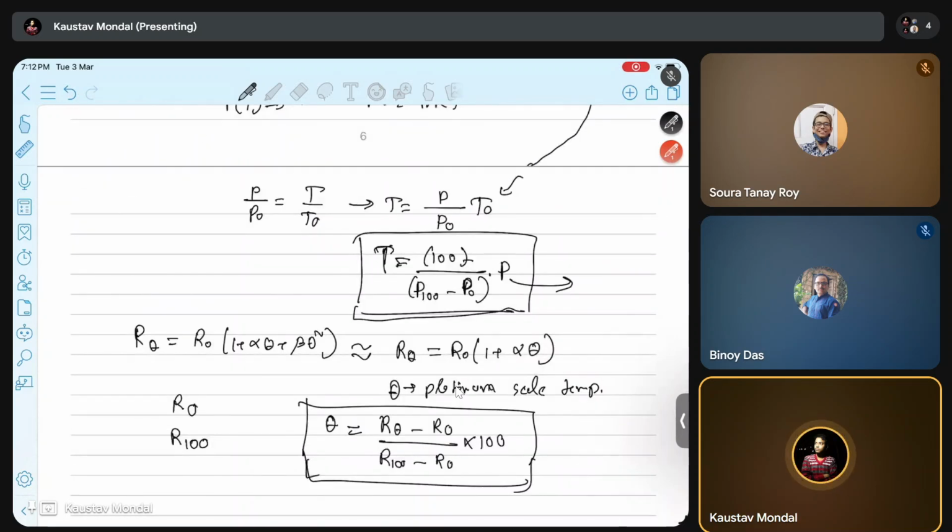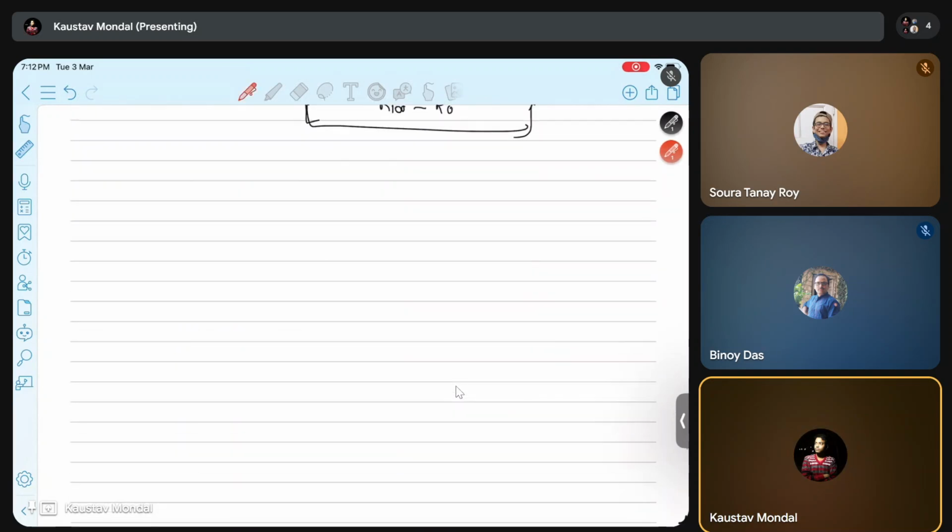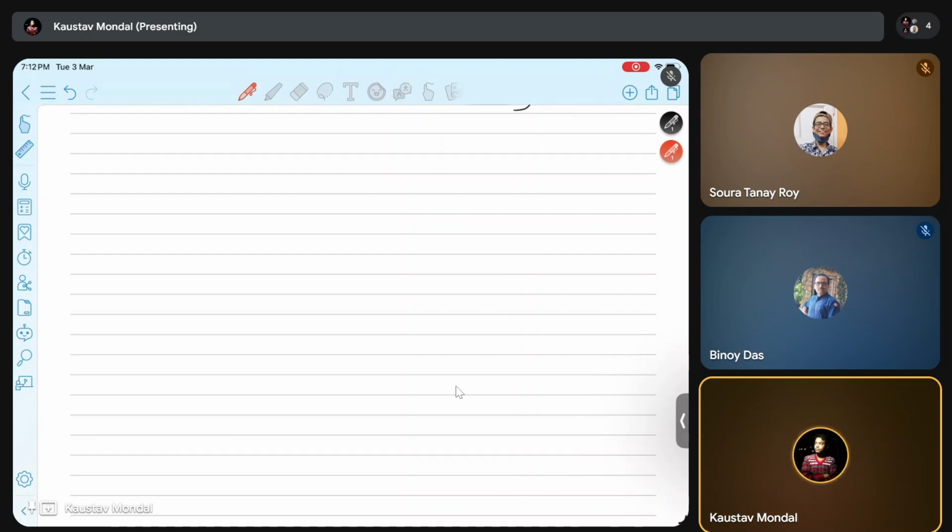Okay, so now we'll solve some problems. Problem number 1. Calculate the van der Waals gas constants for hydrogen.